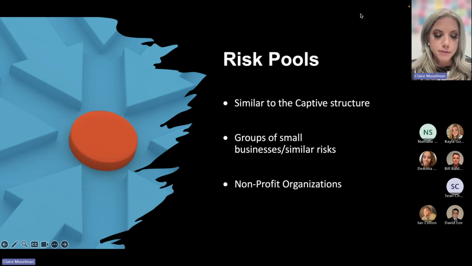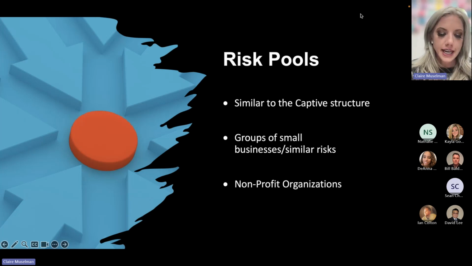It's governed by its members. It can also be considered a stock insurance company for risk pools and or a nonprofit unincorporated association. They collect premiums, they pay losses, and they purchase claims handling resources, and might provide other things like risk control, loss control, risk management programs, things like that.